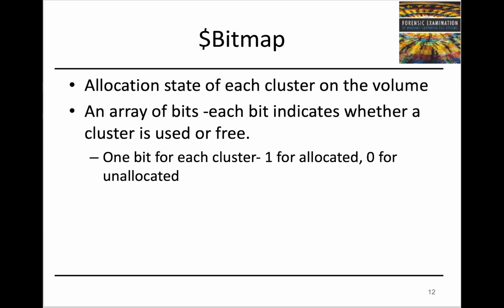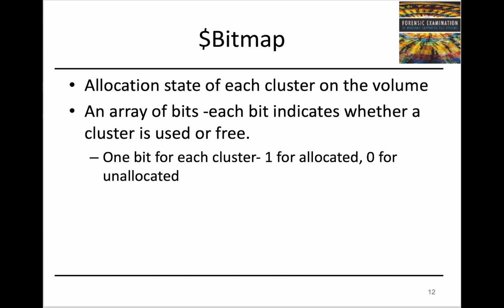$Bitmap. This is an allocation state for each cluster on the volume. So this is very similar to the file allocation table. Remember our train cars. So we had a car listing for what the contents were for the file. So we knew car 3 pointed to 4, 4 pointed to 5. But if it had a number in it, that means it was allocated.